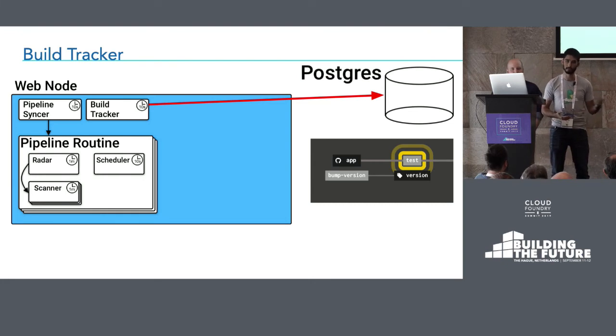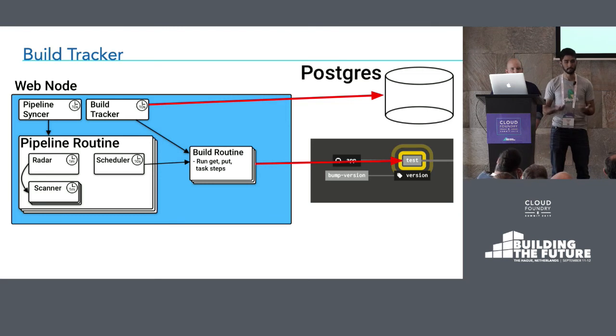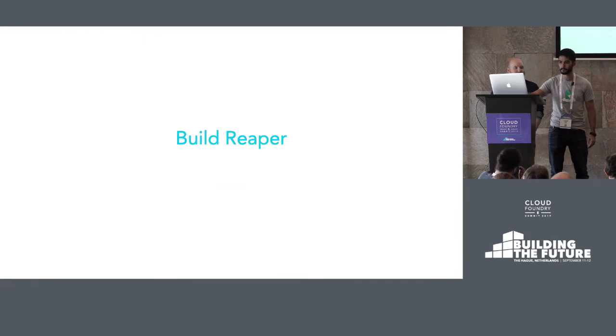When it finds one, it'll simply start a new build routine for that job. And just like the build tracker, the build routine can look in the database to find out where the job was left off. Then everything just continues as normal. So that's pretty much it for the build tracker. It just starts build routines, so that way you never lose whatever was happening on your workers.